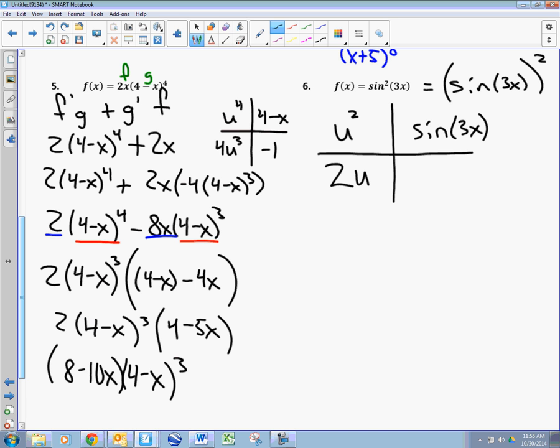How do I find the derivative of sine of 3x? I use the chain rule again. This is a double chain rule problem. Sine of u, 3x. What's the derivative of sine of u? Cosine of u, positive. Derivative of 3x, 3. Plug that back in, so I get 3 cosine of 3x. That's that derivative.